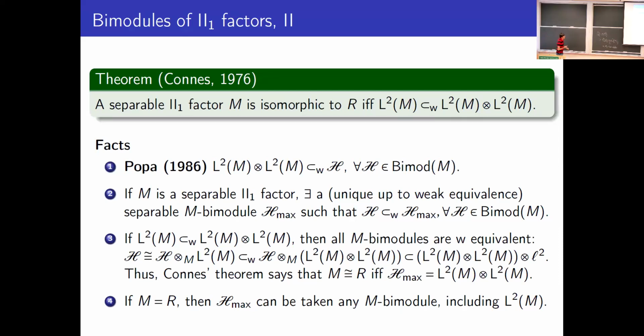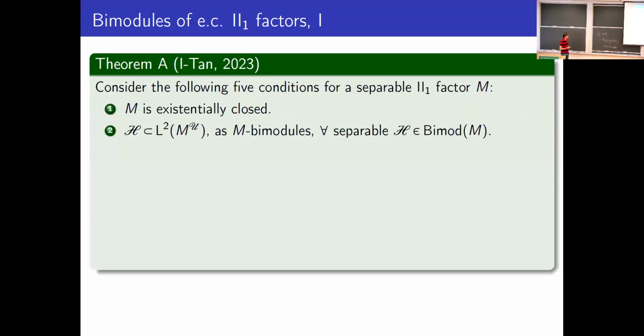All right, so here are our results. I have several results, which I've labeled starting with A. Our first result says, first consider the following five conditions, and I'm giving them separately so that I can explain them one by one. The first one is that M is existentially closed.